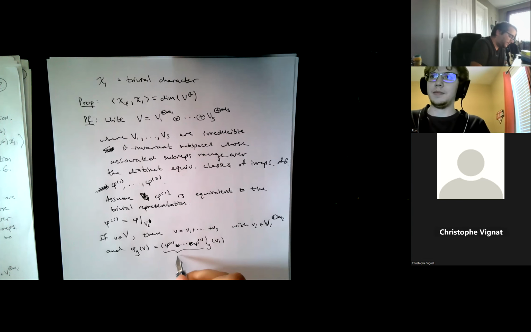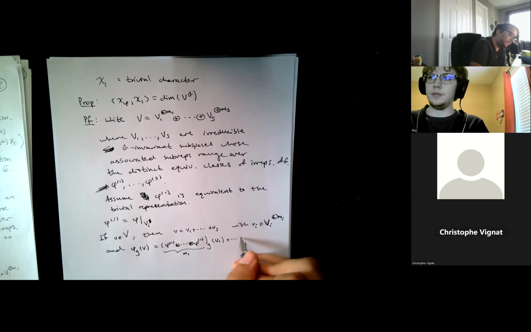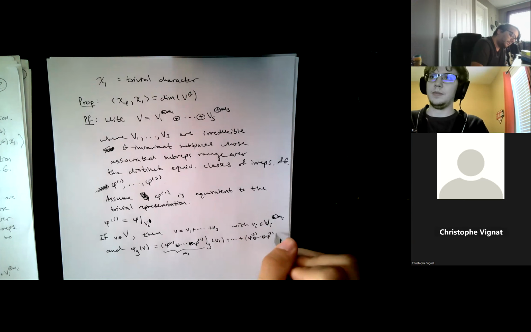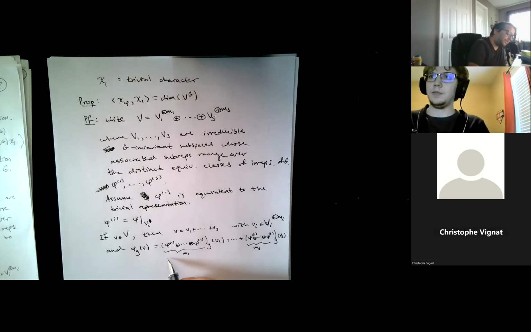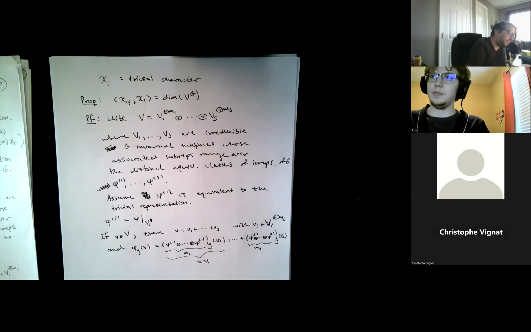So there's m1 copies here. And phi s, there are ms copies here. Okay. But we're assuming that phi1 is the trivial representation, and so this whole thing here is going to be equal to v1, right? Trivial representation maps g to 1.